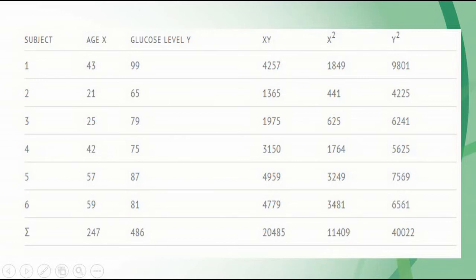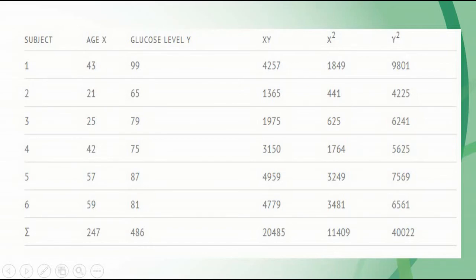5,625. Next, subject 5, we multiply 57 times 87, that is 4,959. Next, we square 57, that is 3,249. Then we square 87, that is 7,569. Next, for subject 6, we multiply 59 times 81, that is 4,779.